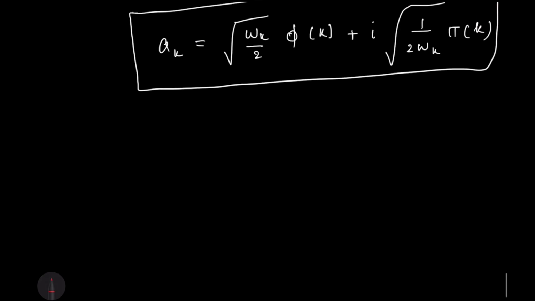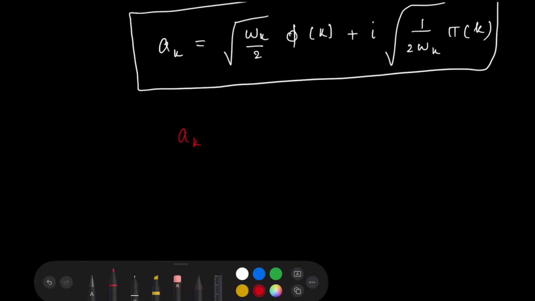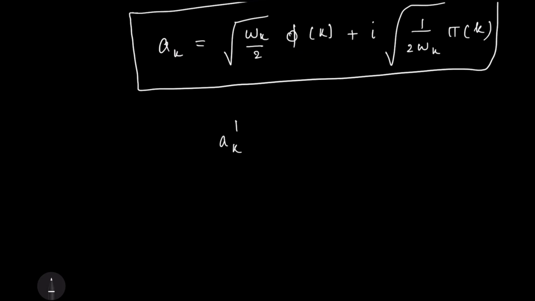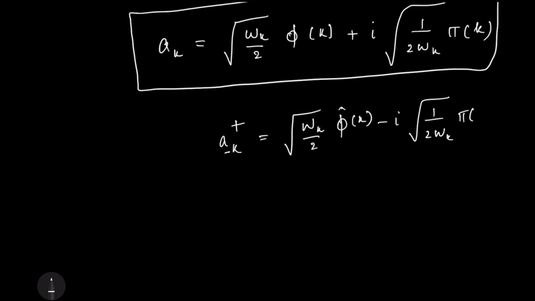Then I can get a minus k dagger, which is equal to phi of k minus i root of 1 by 2 omega k pi of k.